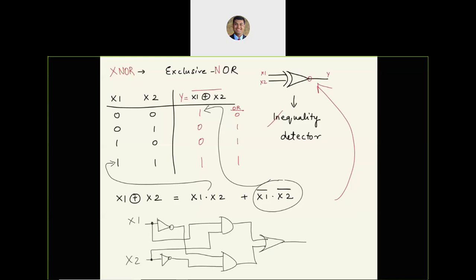So that's how we build x1 exclusive OR x2, and then NOT. Yes, the circle is still there. So first we do exclusive OR, and then we flip it.